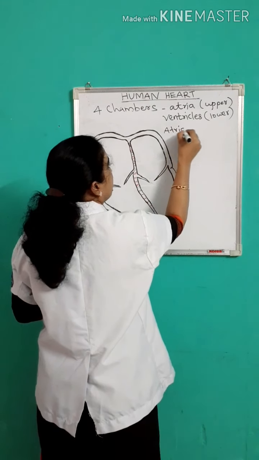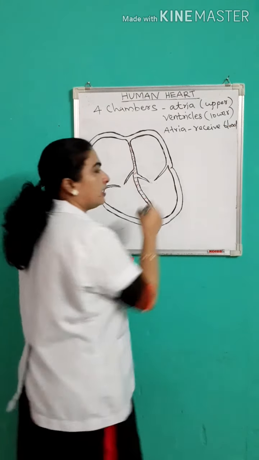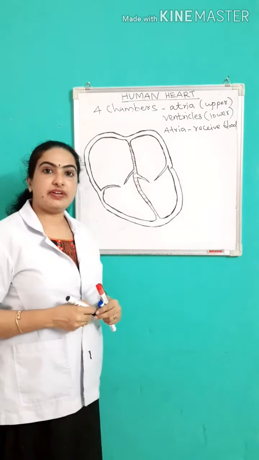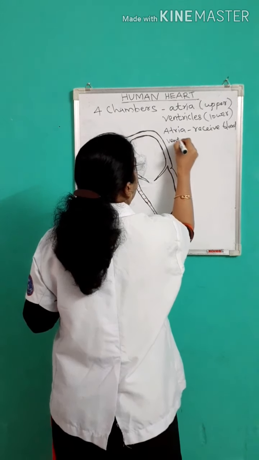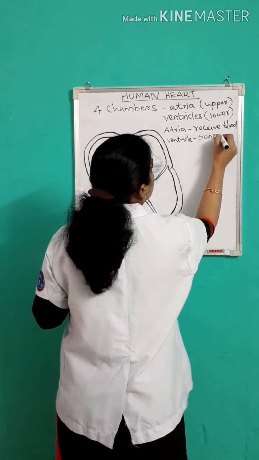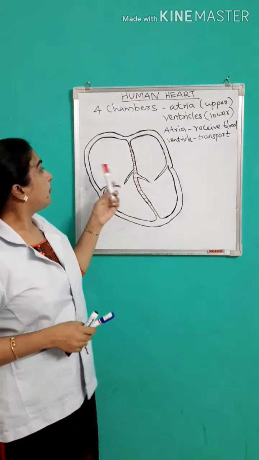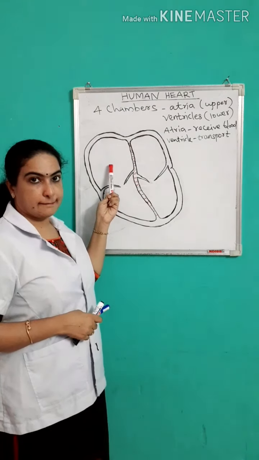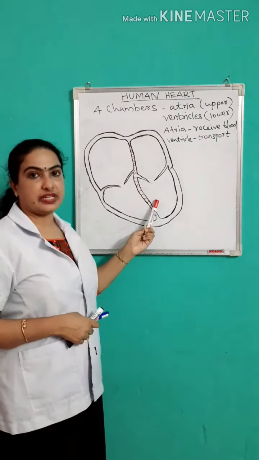The lower 2 ventricles always transport blood from the heart. See, this single one is atrium, singular atrium, 2 atria and 2 ventricles.